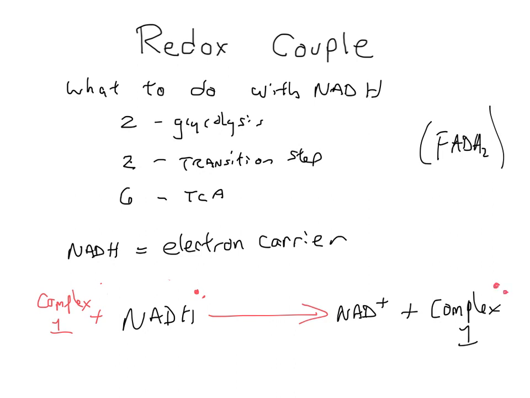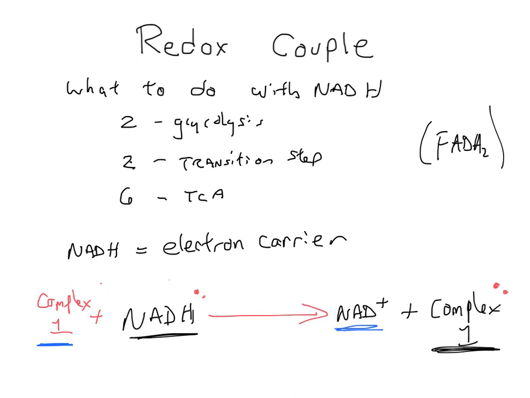So this is a redox couple, in that you have alternate states of these electron carriers. They are a couple. They have the reduced form, such as NADH, and the oxidized form, NAD+. We have the oxidized form, complex 1, and the reduced form, complex 1, that has the electrons.